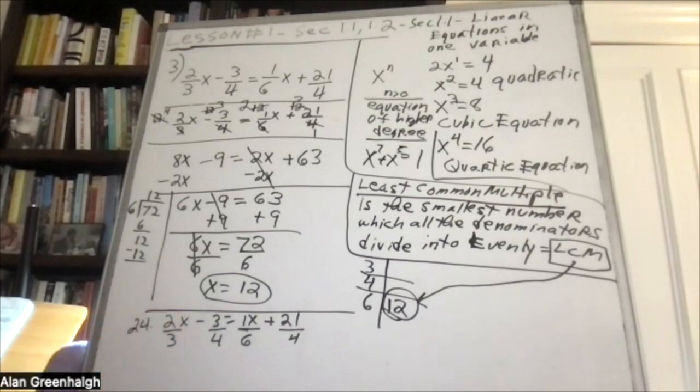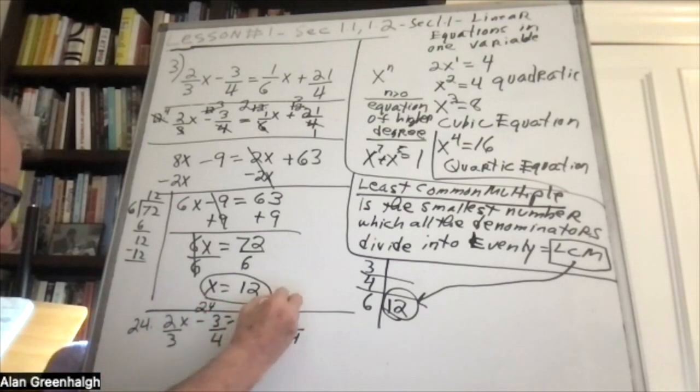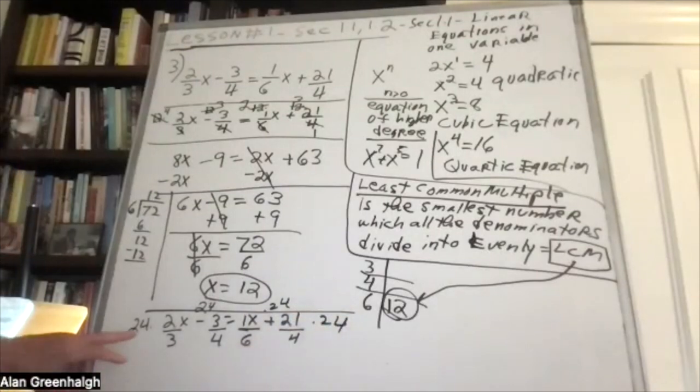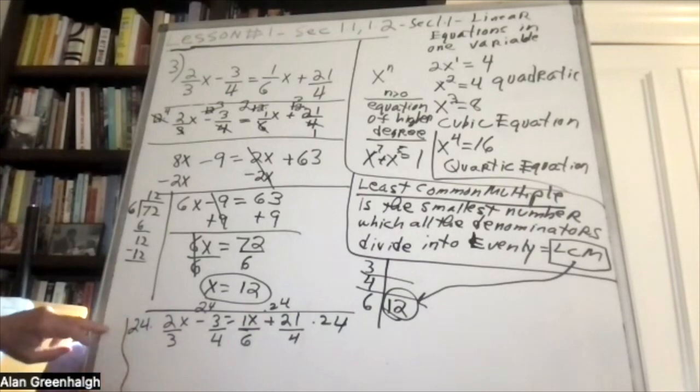Multiply everything by 24. I have no objection. Now, what I did was, if you take it aside, I multiplied 24 over 1 by 2 over 3. And I got 24 times 2 is 48, 1 times 3 is 3.